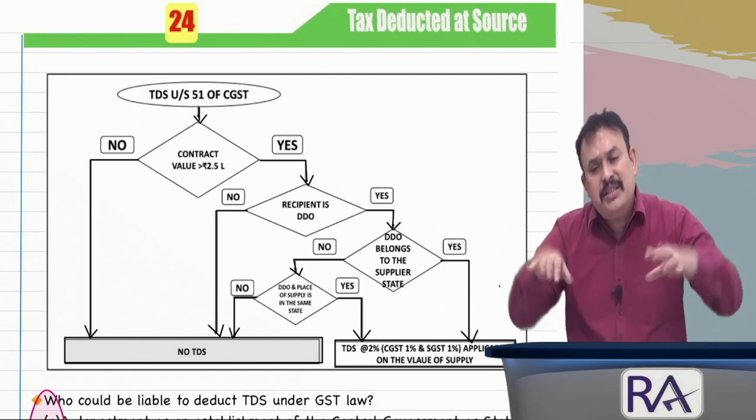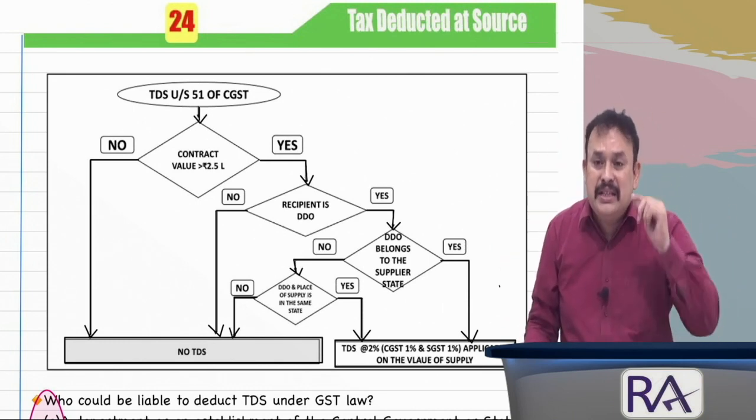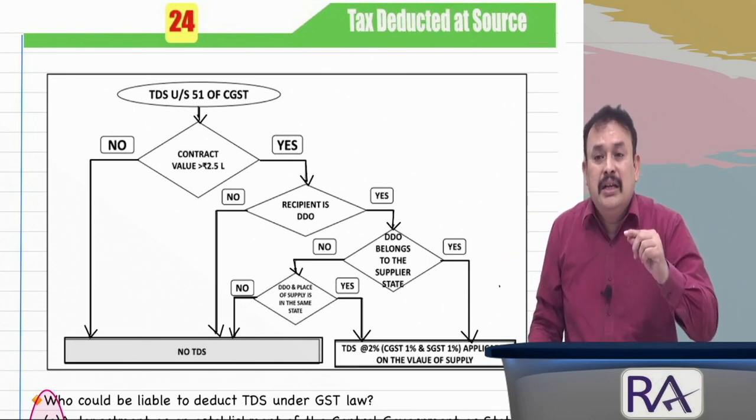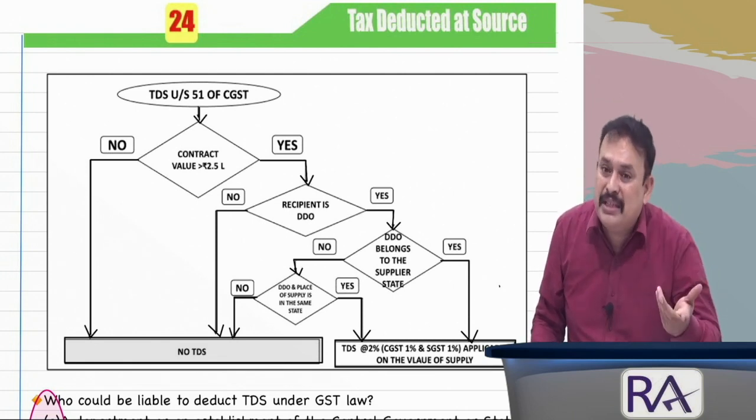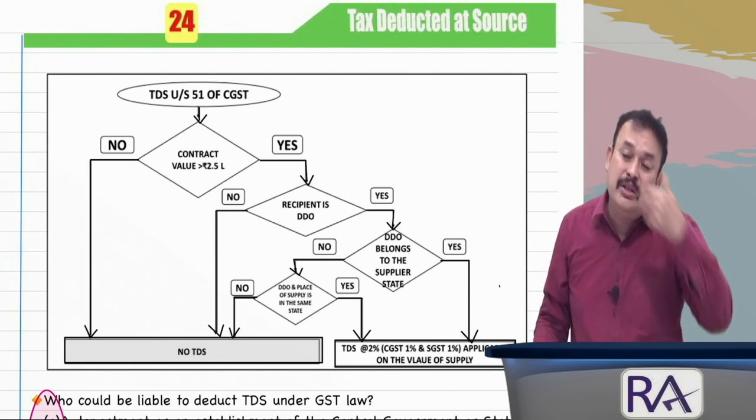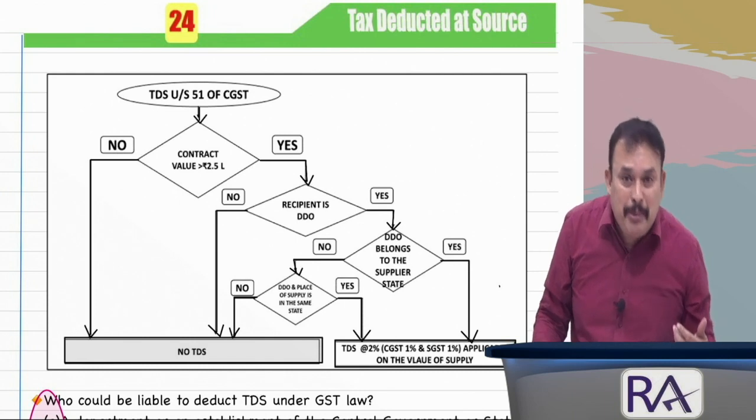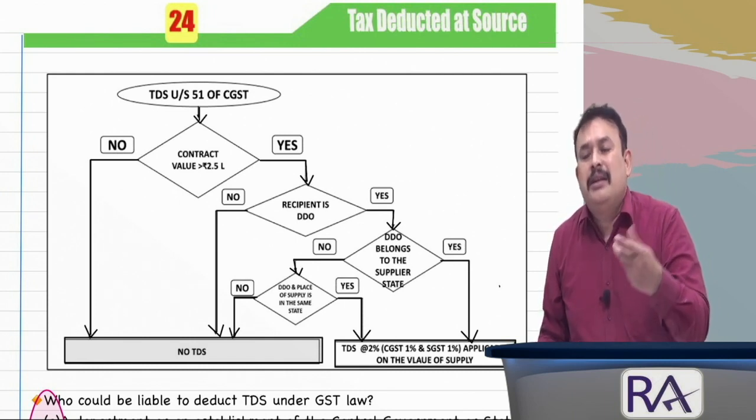However, TDS is also not applicable where the supplier is an unregistered person and the DDO receives goods or services; when you make the payment to an unregistered person, TDS is not applicable.